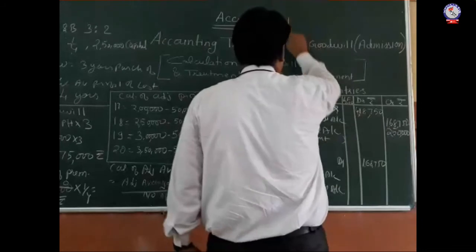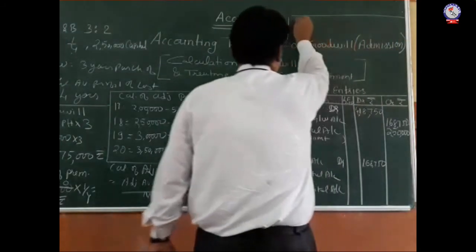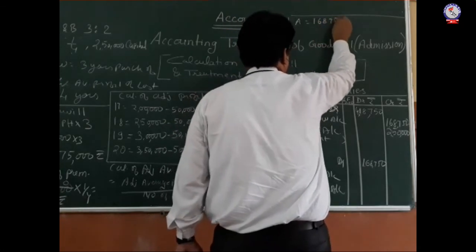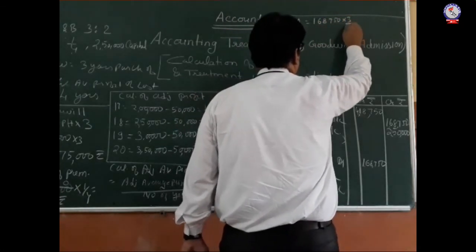Okay, so just see this thing. A will get 1,68,750 into 3/5.